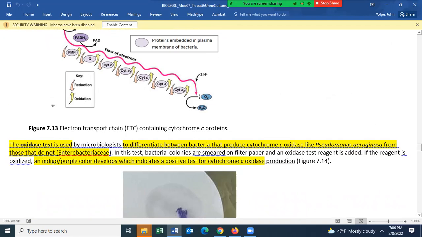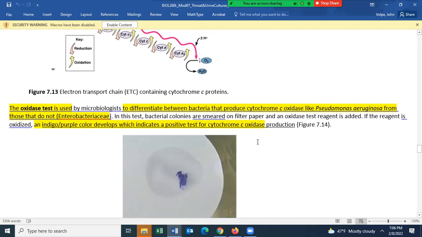In the presence of cytochrome C oxidase, the oxidase test turns blue or a purple blue. Pseudomonas has cytochrome C oxidase, so it turns the oxidase test blue, or positive. The Enterobacteriaceae do not have cytochrome C oxidase, so they will be negative in the oxidase test.